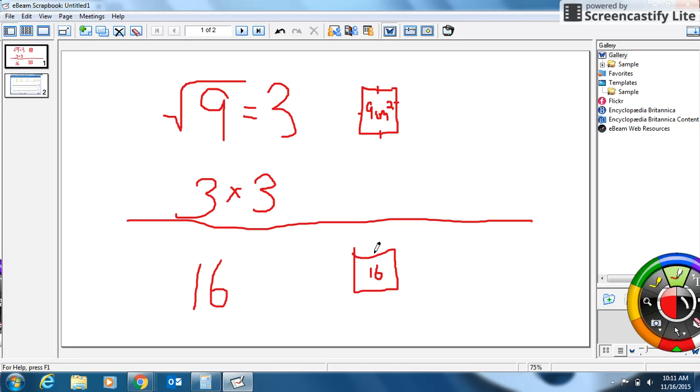If I want to know the square root, what I'm asking is, what's the length of the sides? So 16 is a perfect square. So what number times itself will give us 16? Well, you know 4, because 4 times 4 is 16, right? Now, what today's math lesson is going to focus on is this.